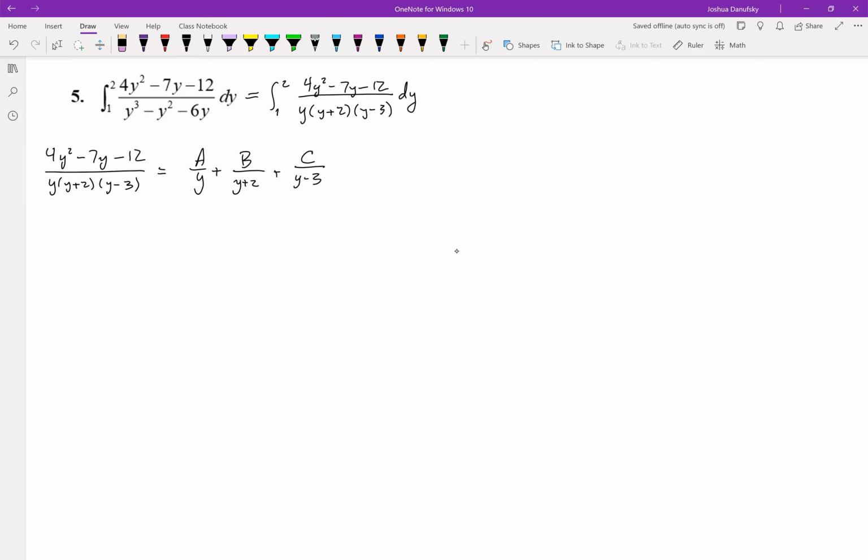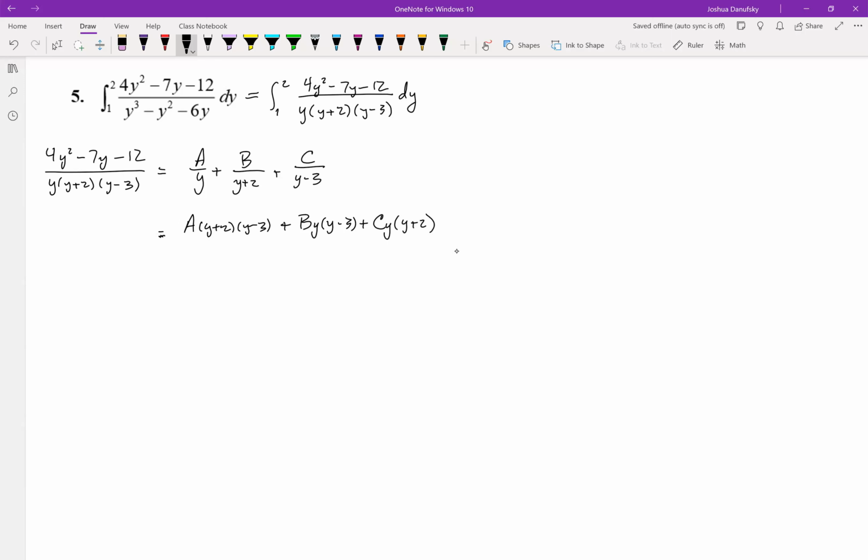Now, if we were to add these 3 rational expressions, we would need common denominators. And to do so, we would have to take a and multiply it by y plus 2, y minus 3, and b would have to be multiplied by y and y minus 3, and c would have to be multiplied by y and y plus 2.